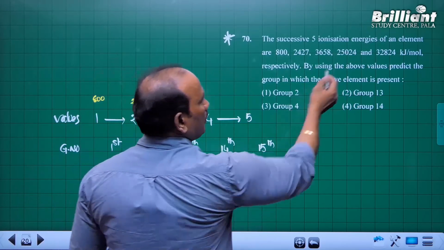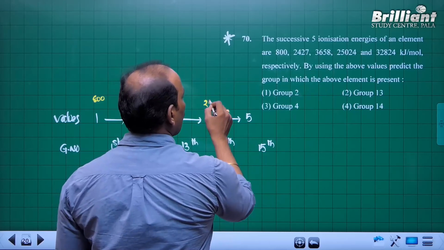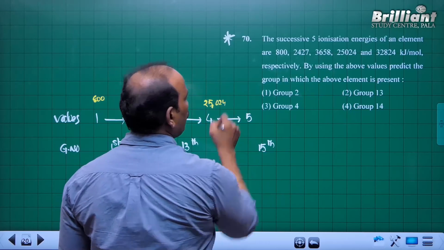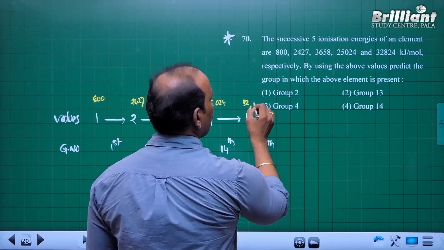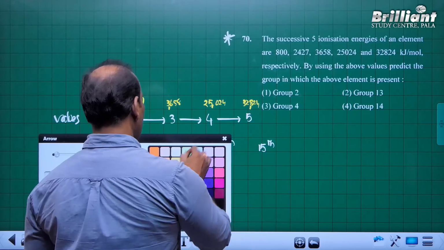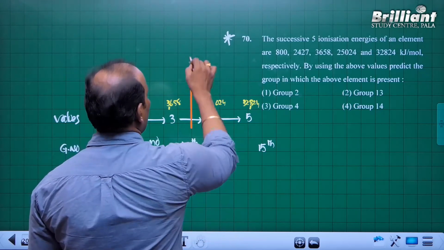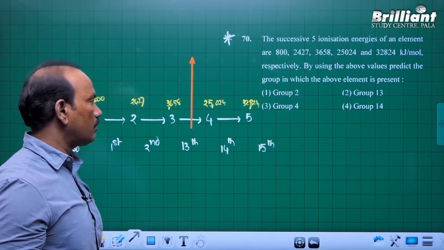The next one is 3000. This is 25,024. Then this is 32,000. 8 to 4 is given. Where is the sudden jump? The sudden jump is in here. That is the big hike. Okay?